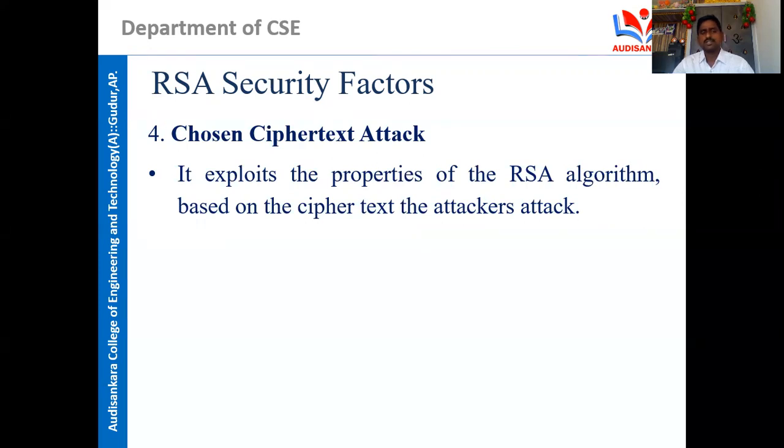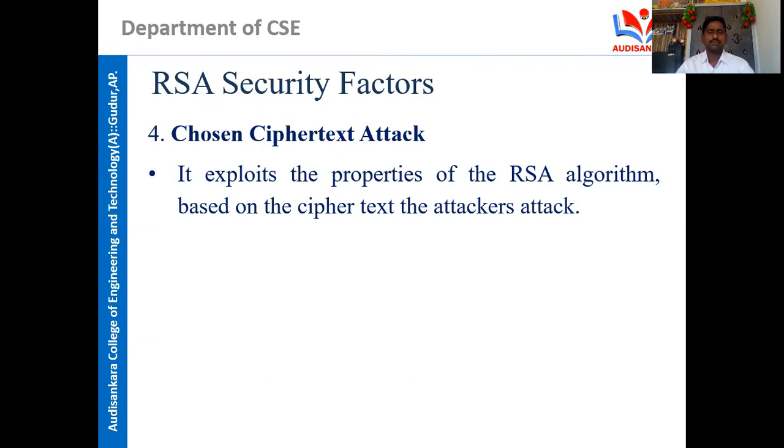What is that? Chosen ciphertext attack. Here it exploits the properties of the RSA algorithm. Based on the ciphertext, the attackers will attack. So based on those properties, the attackers try to attack.